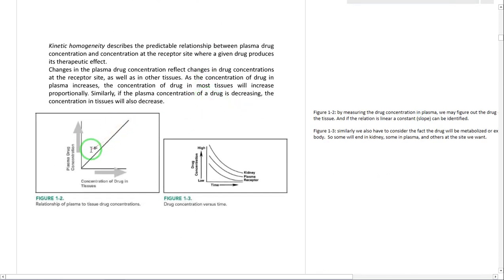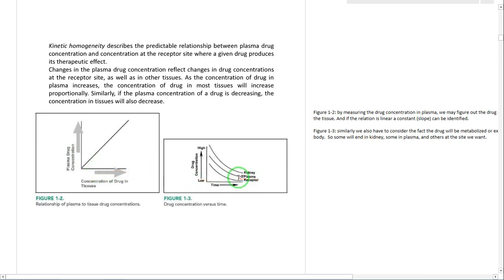So you see here that the concentration of drug that we inject in our body, in the plasma or in the blood, is shown here, and it has a relationship with the concentration of drug which will be accumulated in the tissues. If this relation is linear, we can define the constant, the slope of this relation.